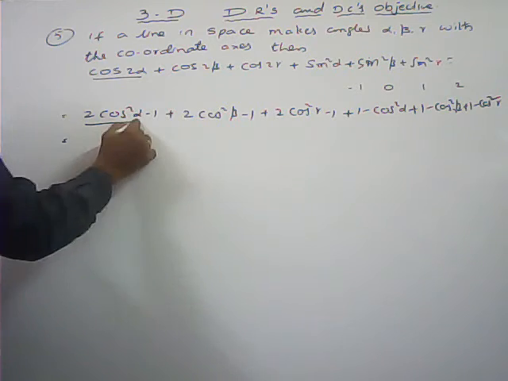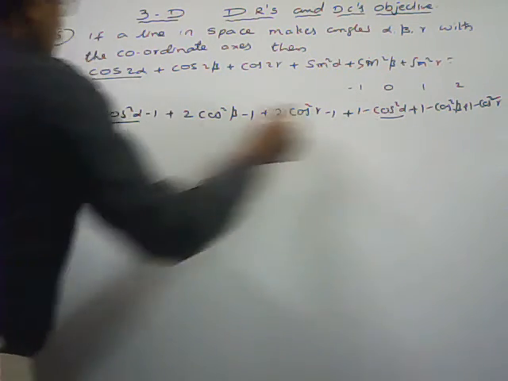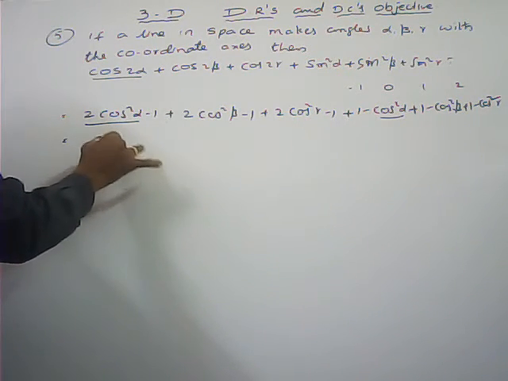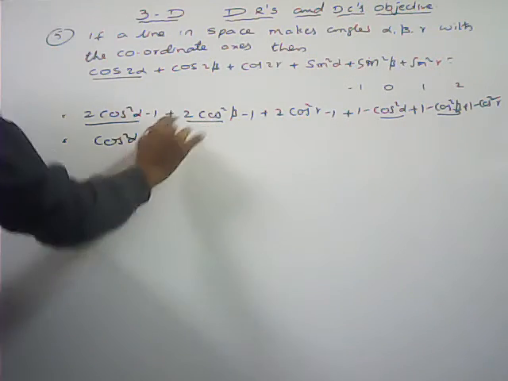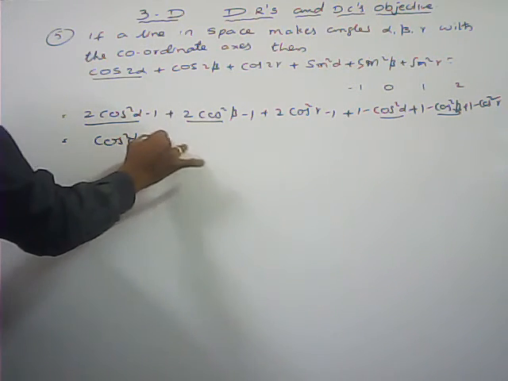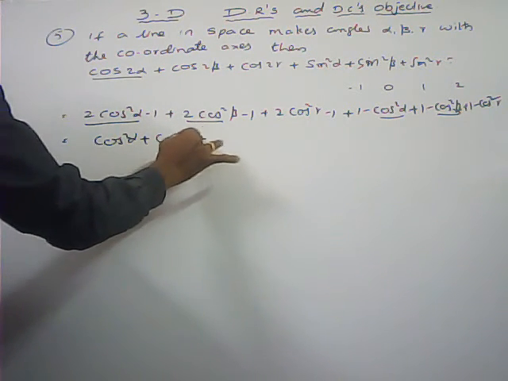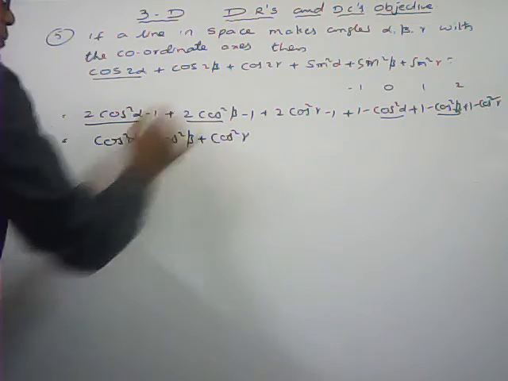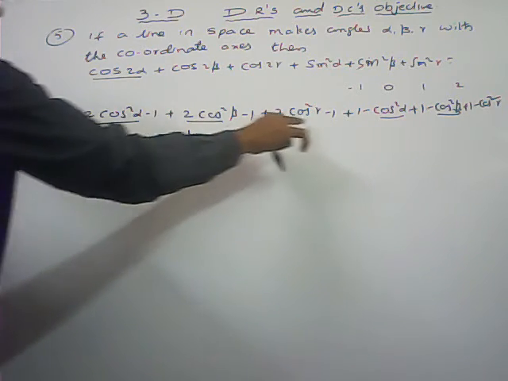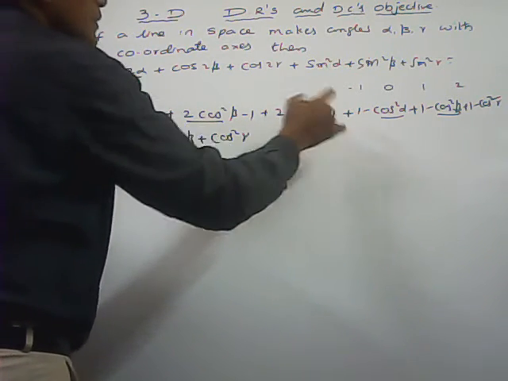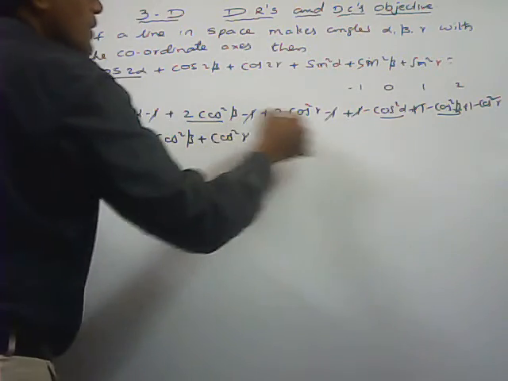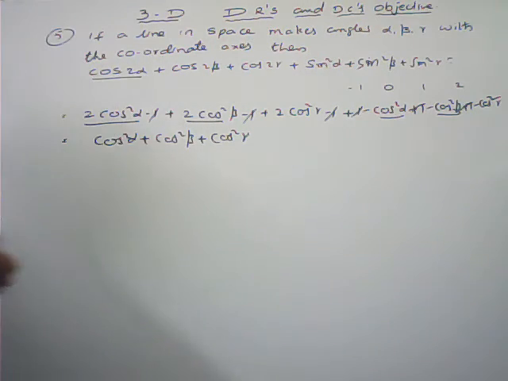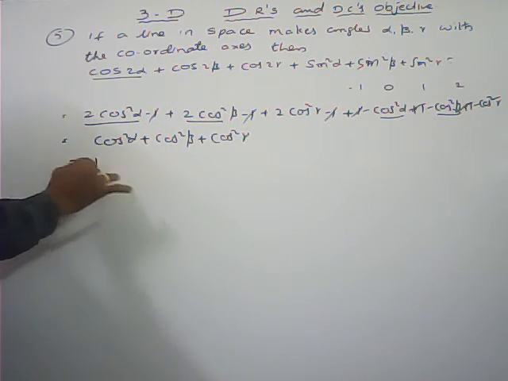So here 2 cos square alpha minus cos square alpha gives cos square alpha, plus 2 cos square beta minus cos square beta gives cos square beta, plus cos square gamma. Minus 1 minus 1 minus 1 is minus 3, and plus 1 plus 1 plus 1 gets cancelled. So what we got is equal to 1.